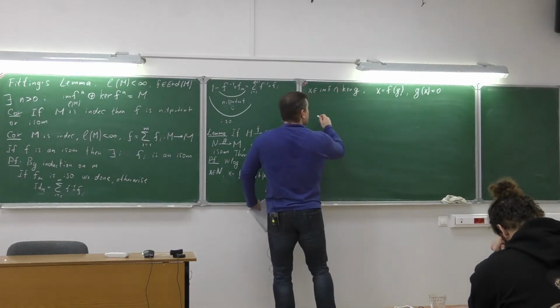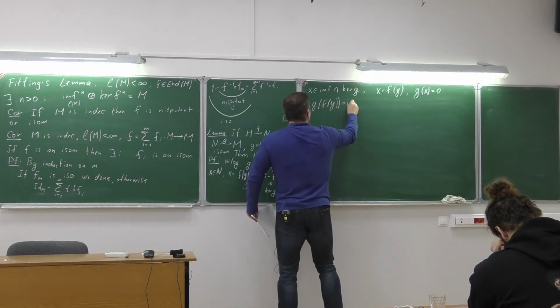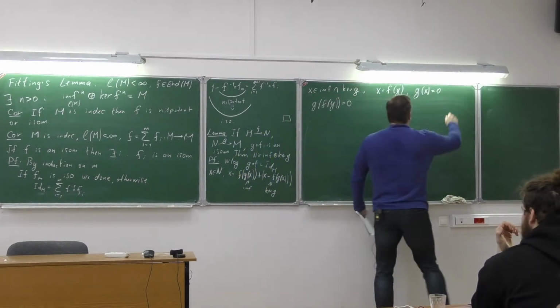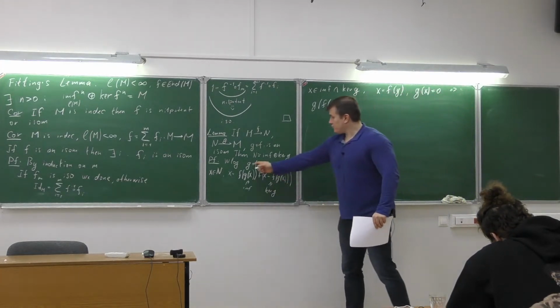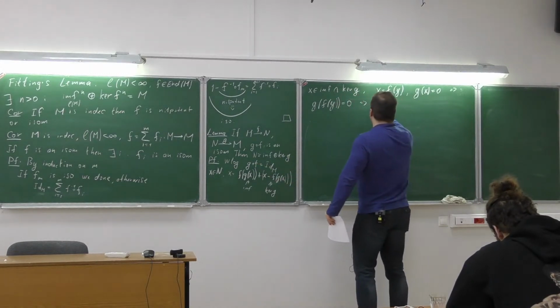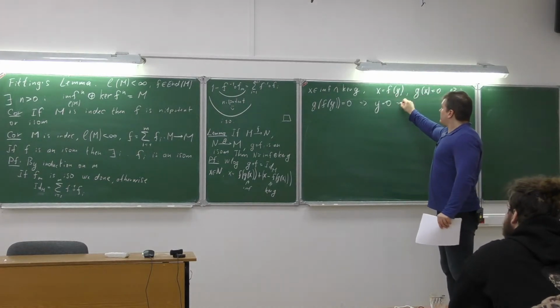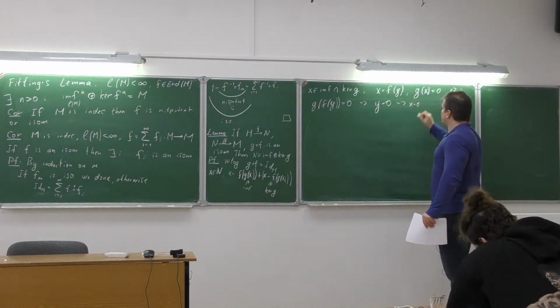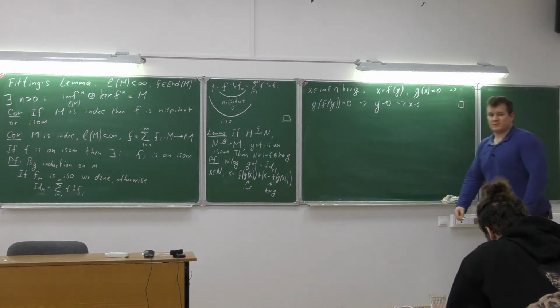Then I'll get that G of F of Y is equal to 0. And I know that the composition of G and F is just the identity. So this immediately tells me that Y is equal to 0, but since X is F of Y, X is 0. And that proves the lemma, right?